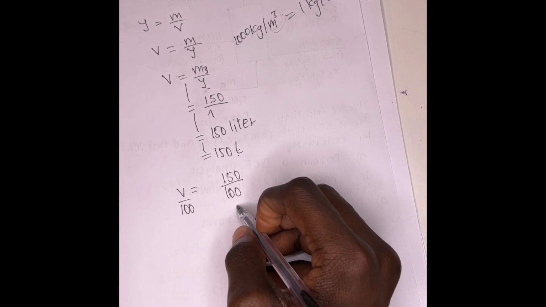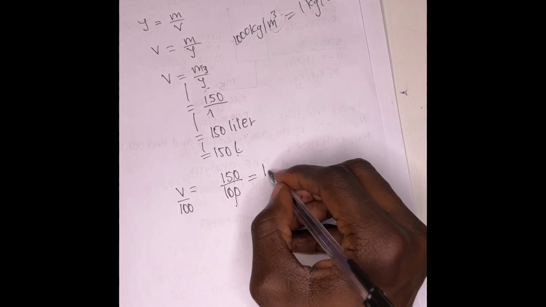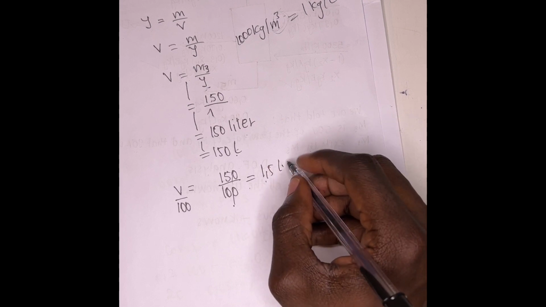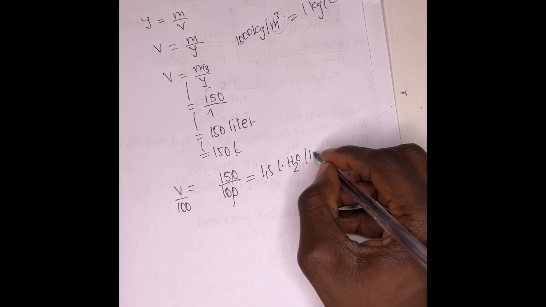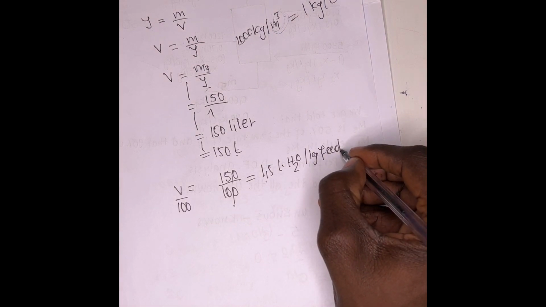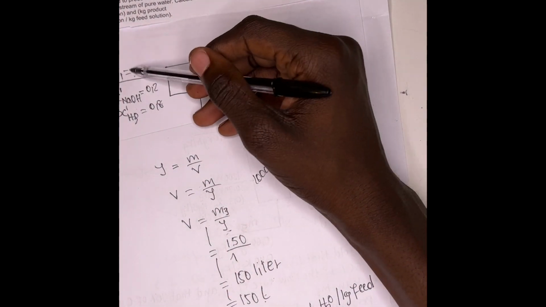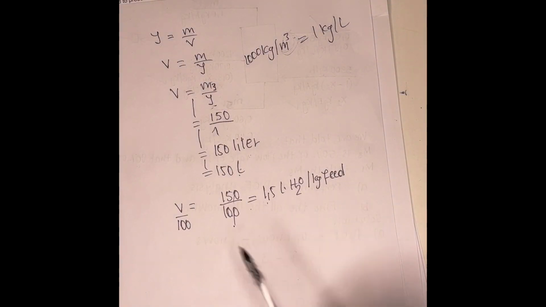And then if you do this, this is going to cancel. We're only going to have 1.5, and this is now liter. This is liter of water per kilogram feed. You see, guys? Kilogram feed. You might ask why this 100. This 100 is coming from the mass flow rate, the first one, the one we're given here. That's why we are dividing that mass.